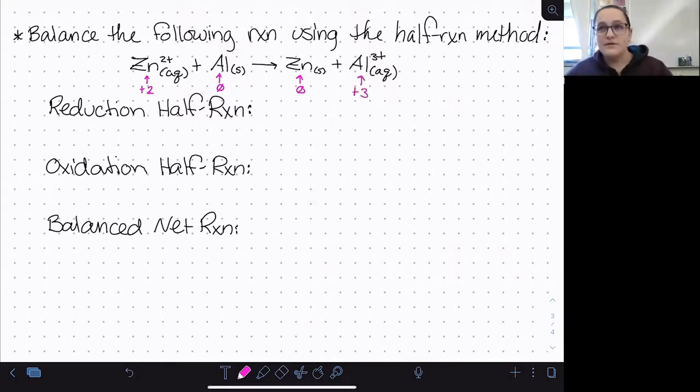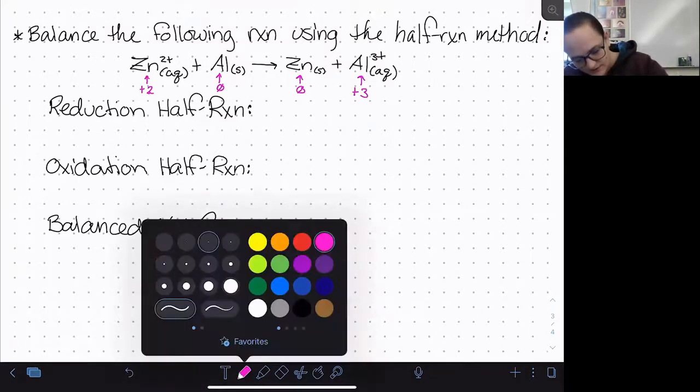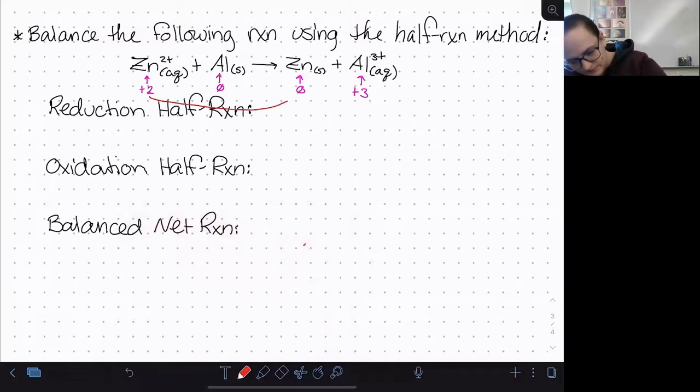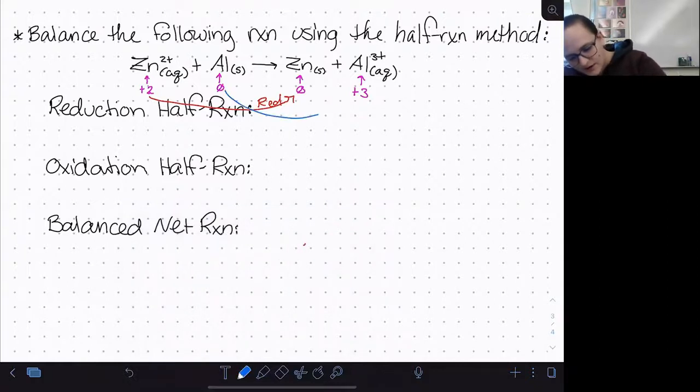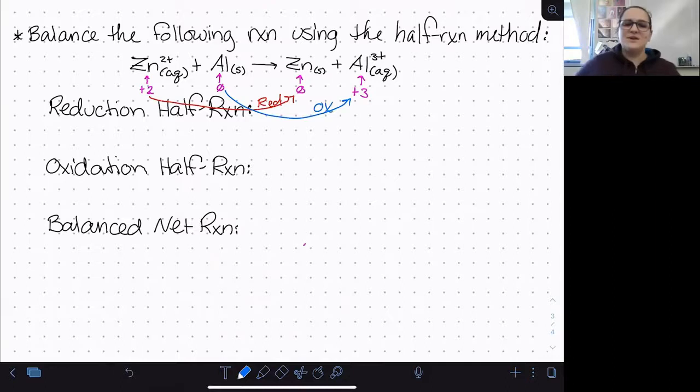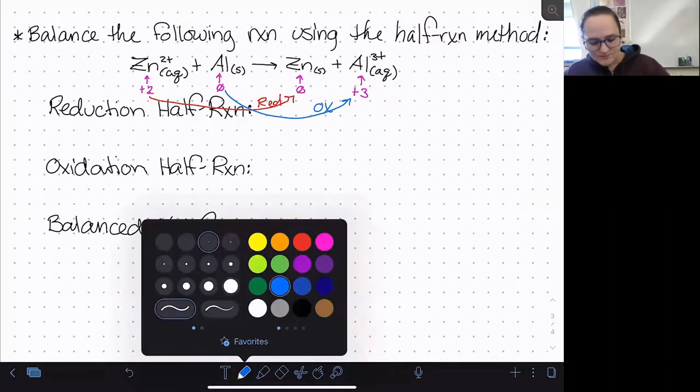So we have zinc going from +2 to 0, which is a reduction since our oxidation number is going down. And we have aluminum going from 0 to +3, which is an oxidation since our oxidation number is increasing.